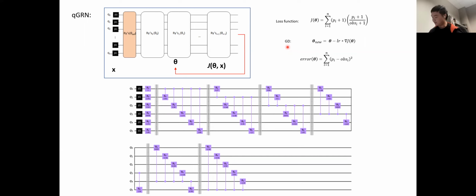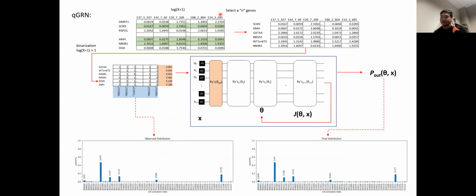Still have a question. So what's the output of your neural network? Still the percentage of the zeros? The output is the probability distribution of those 6 genes.